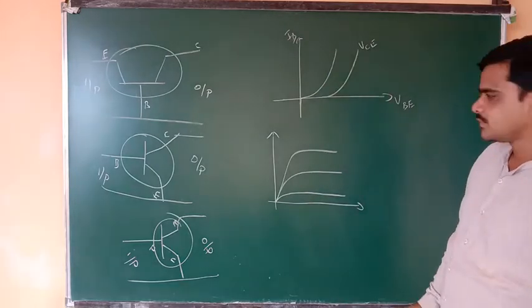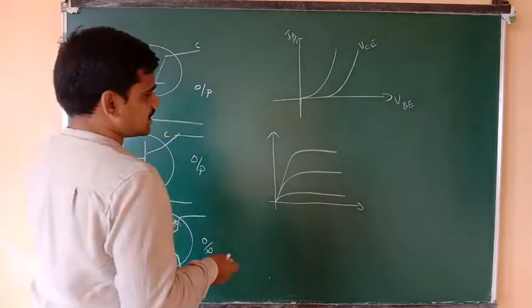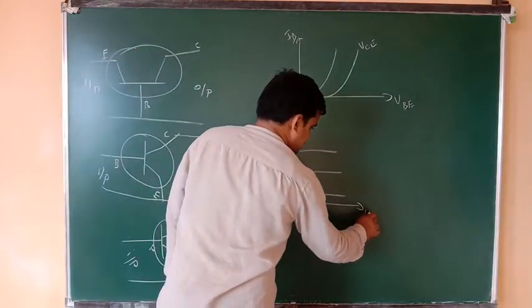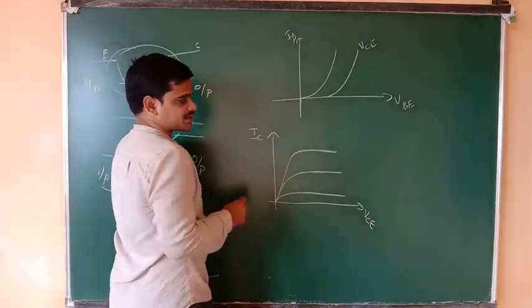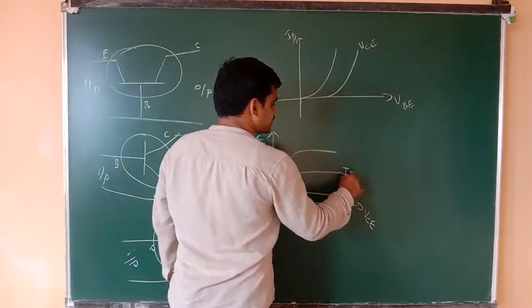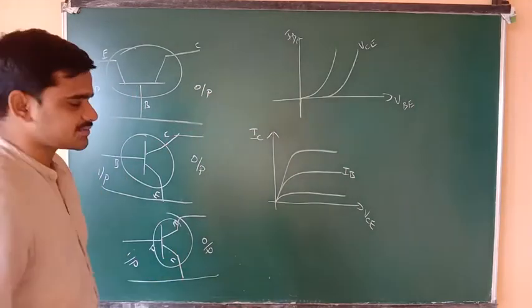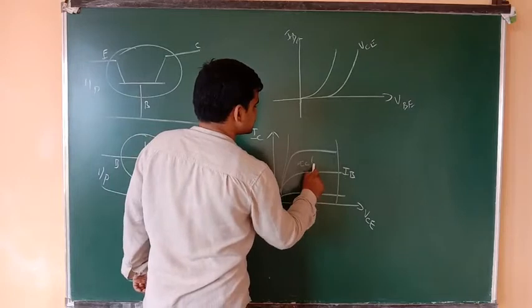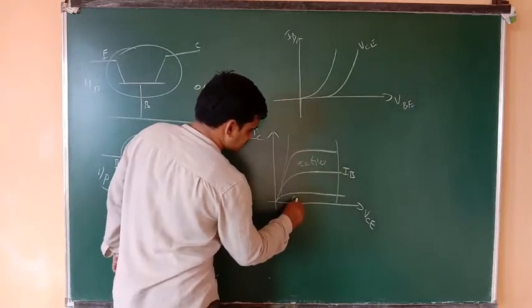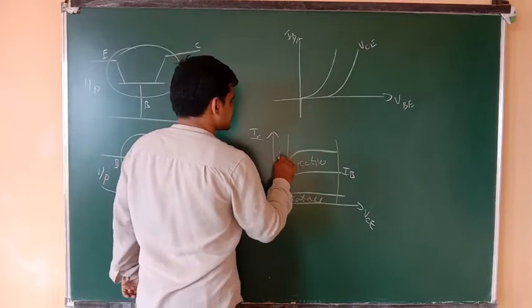While studying the output characteristics, the output current is measured by keeping the input current constant. From this, we have divided this graph into three parts. This is called the active region, this is the cutoff region, and this is the saturation region.